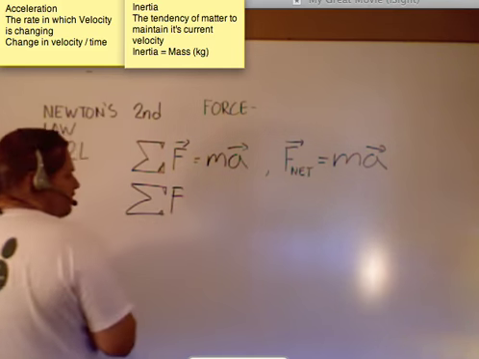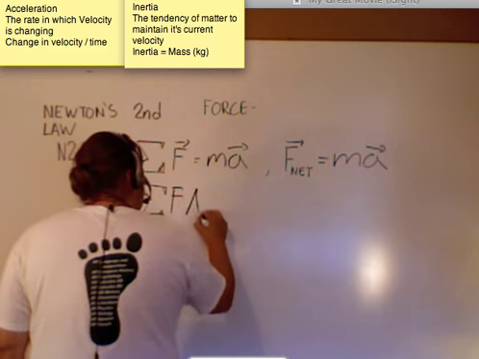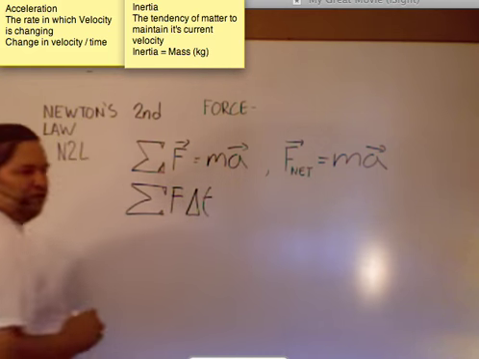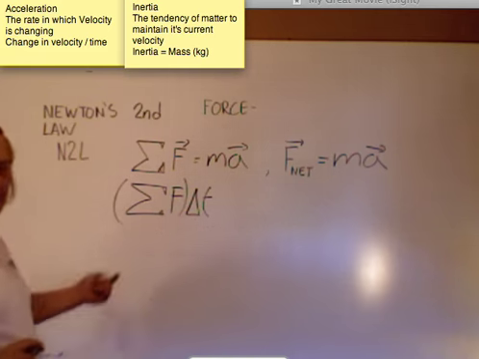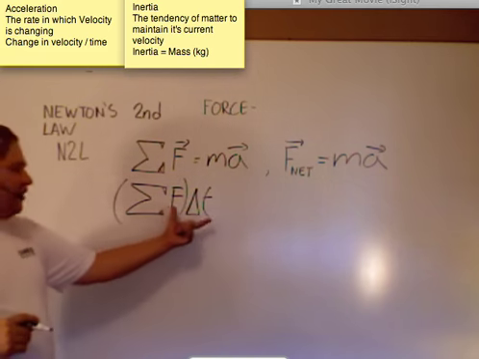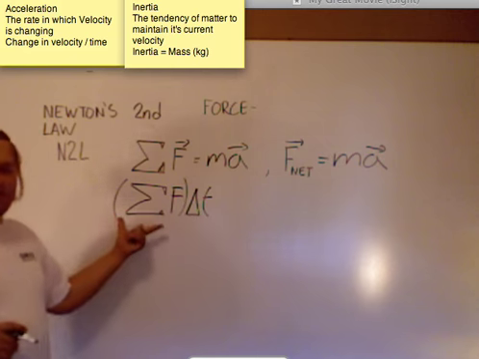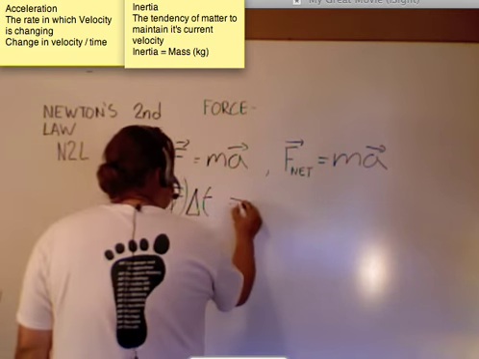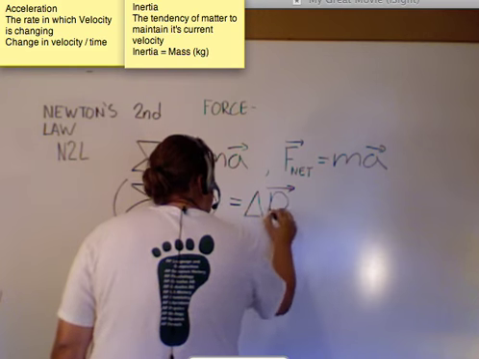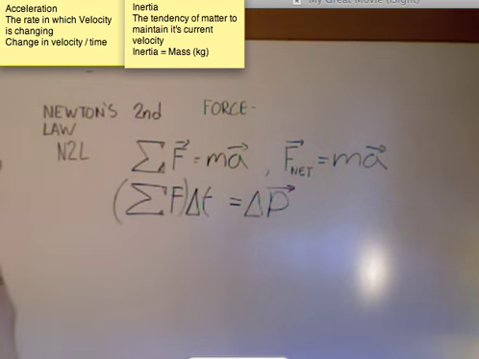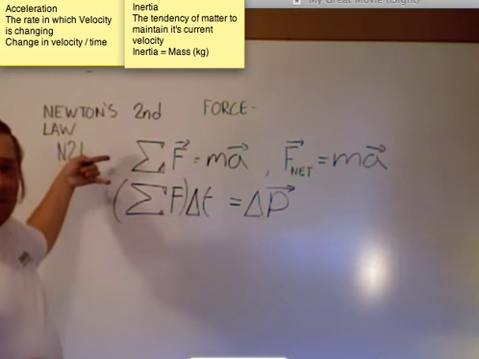So I get F here times the time in which that object is experiencing it. If you want to think about it, think about this: it's the sum of the forces, and the amount of time that I experience that sum of forces produces a change in momentum. Okay? So both of these equations are coming about.